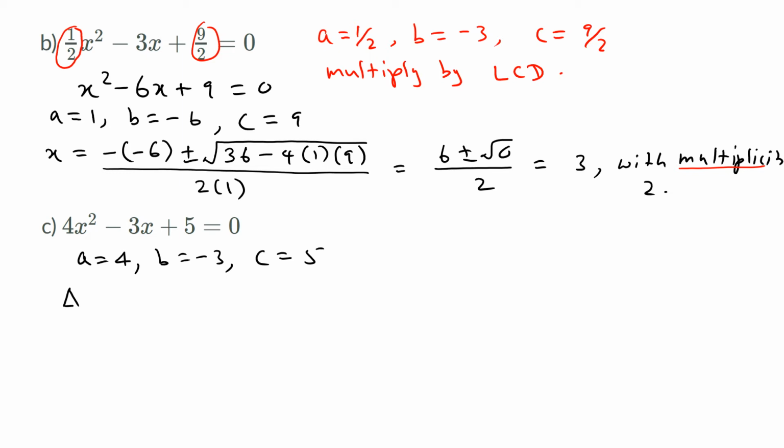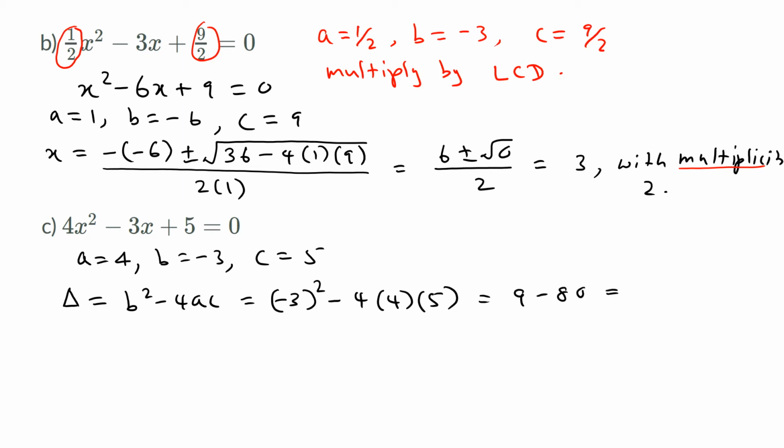So let's calculate the discriminant, b squared minus 4ac, which is -3 squared minus 4 times 4 times 5, which is 9 minus 4 times 4, which is 16, times 5, which is 80, so which is -71. So you get -71.